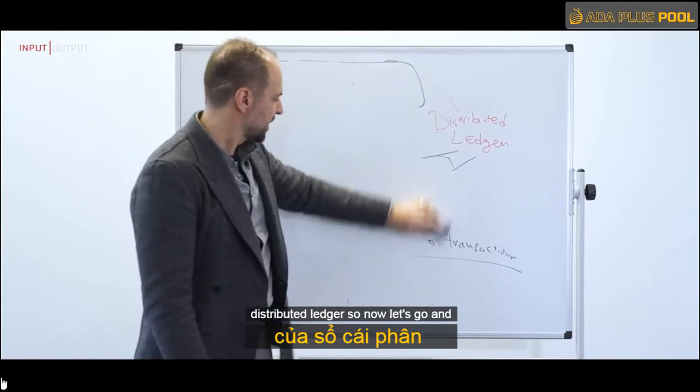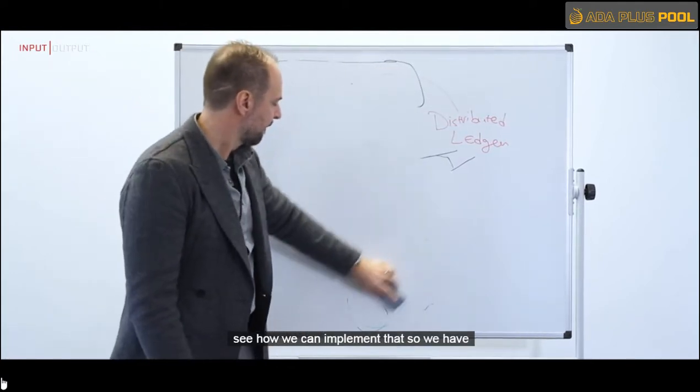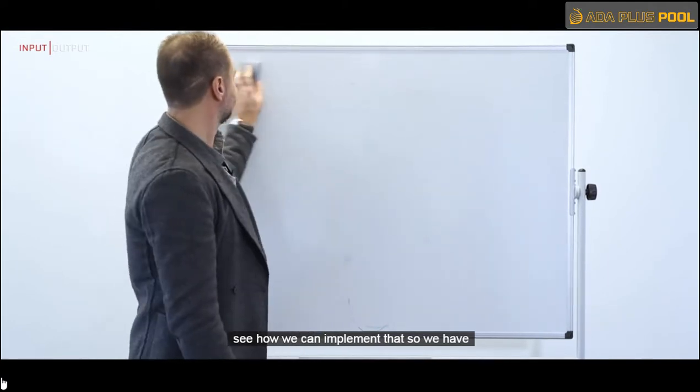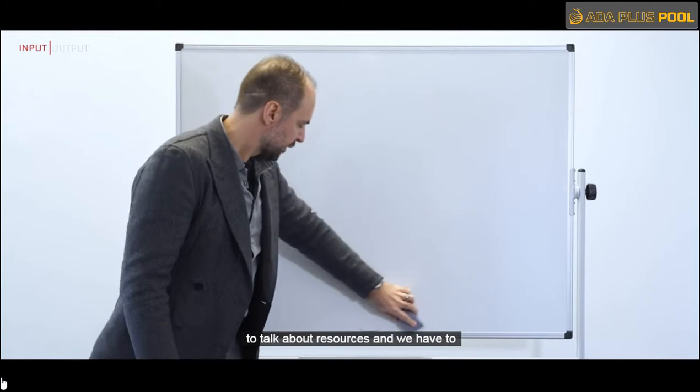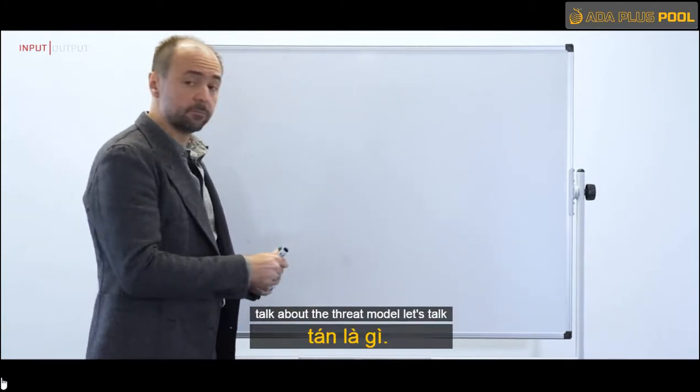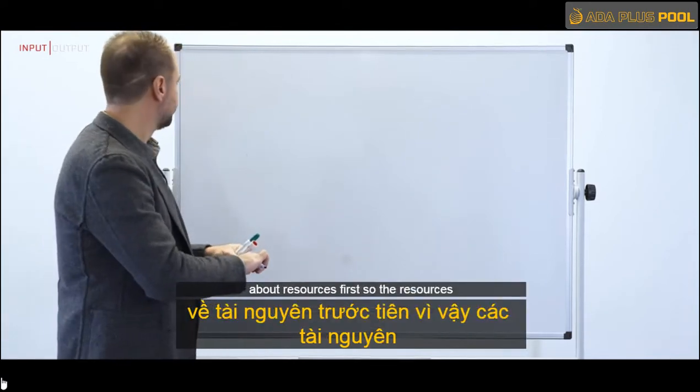So now let's go and see how we can implement that. So we have to talk about resources, and we have to talk about the threat model. Let's talk about resources first.